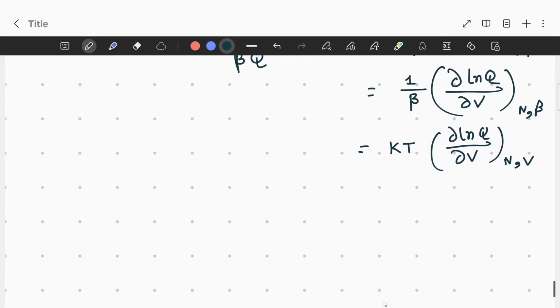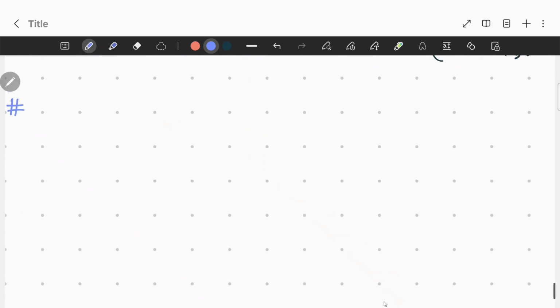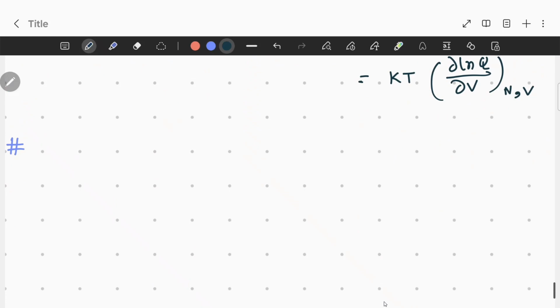Okay, next one is our Helmholtz free energy. You know the Helmholtz free energy A equals E minus TS. For this you have to calculate the entropy S. That is not trivial.